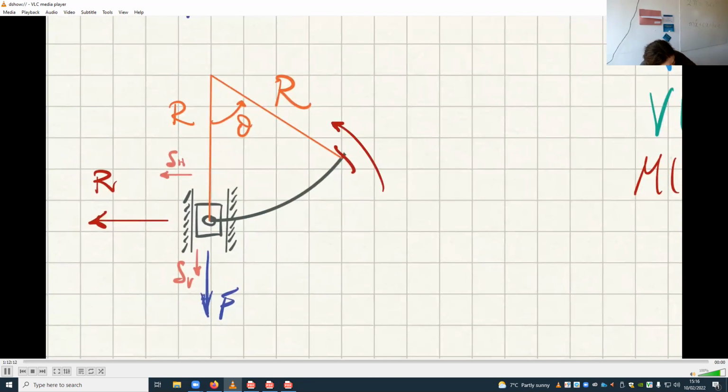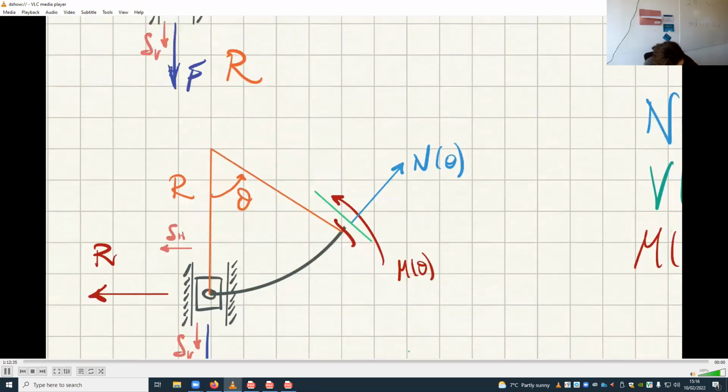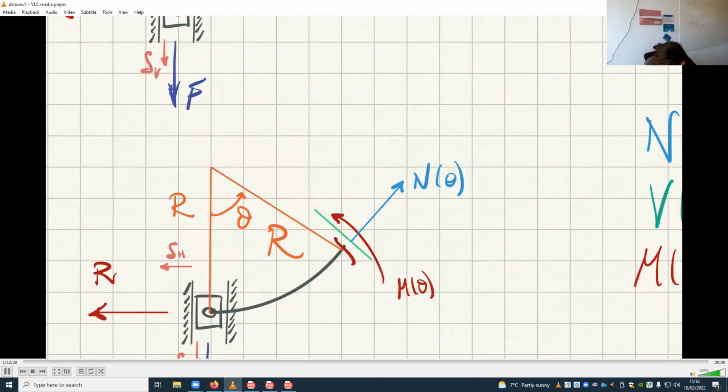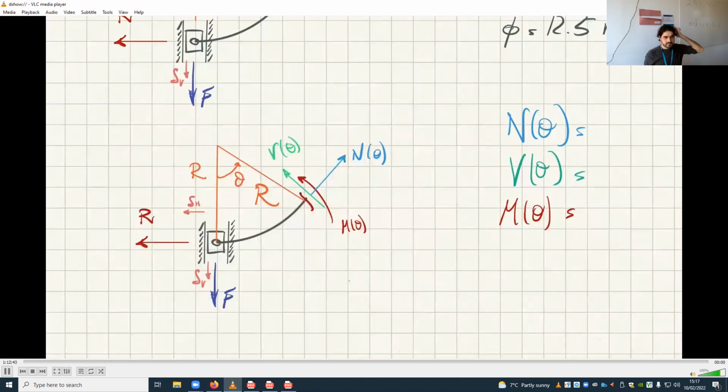They are M of theta in this direction, counterclockwise, N of theta in this direction, perpendicular to the cut, and V of theta in this direction, parallel to the cut, and of course perpendicular to N of theta. So V and N are the two forces that are balancing F plus R.